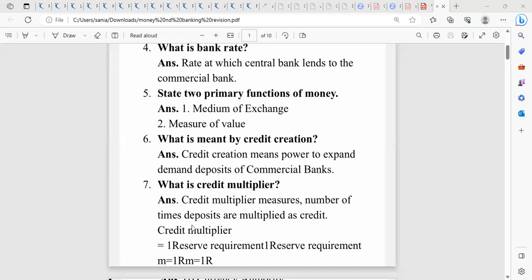So basically, in the context of deposits, how many times you have multiplied your money, that is the money multiplier. It is 1 upon LRR, the legal reserve requirement, which is 1 divided by it. Over here they have written it in a different notation. Okay.